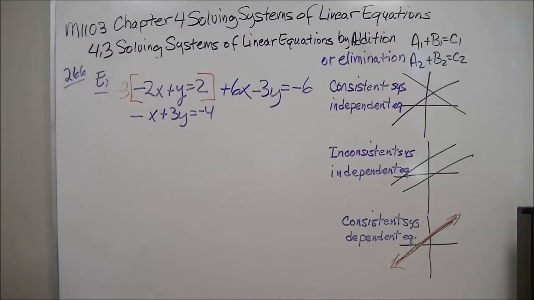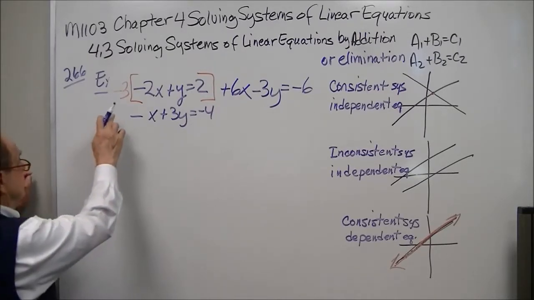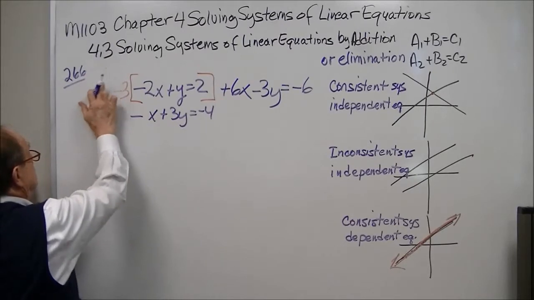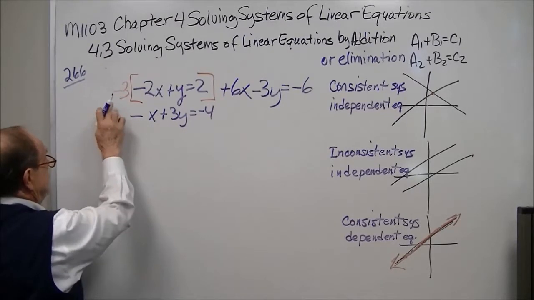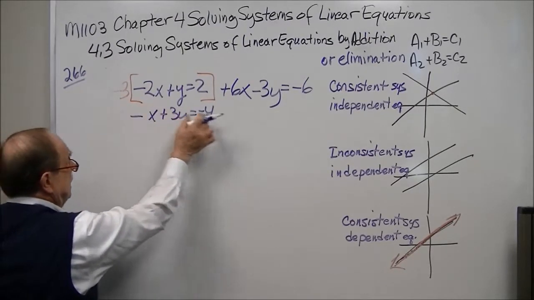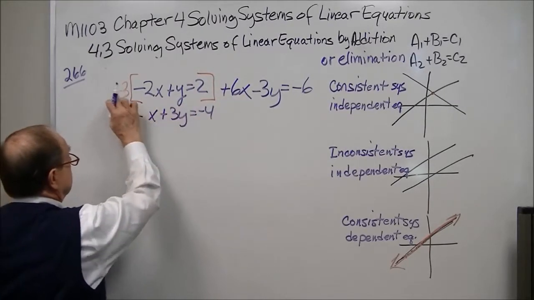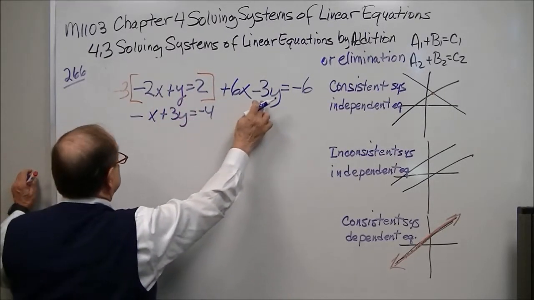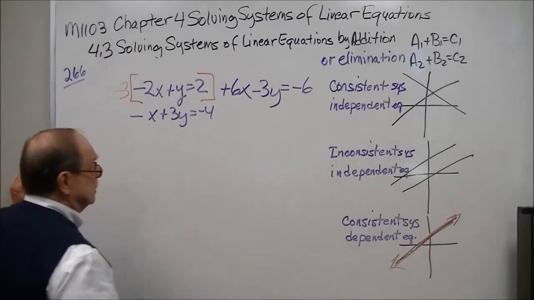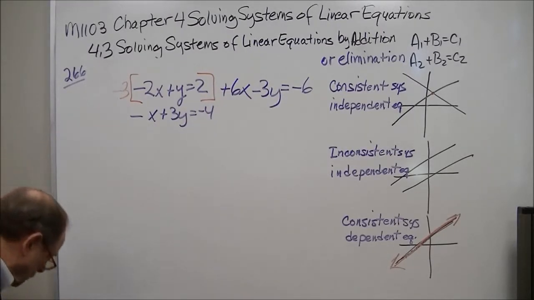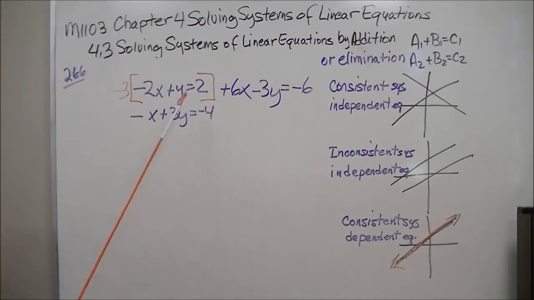Good thing to check your work. Okay. So, again, we multiplied every term by our negative 3. That gave us a positive 6x, a negative 3y, and a negative 6. Okay, we have transformed that equation. It's not the same equation anymore, but it's equivalent.